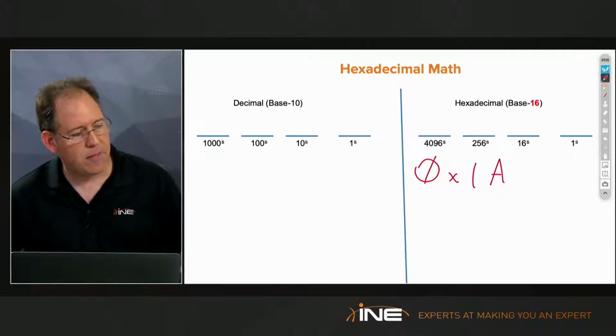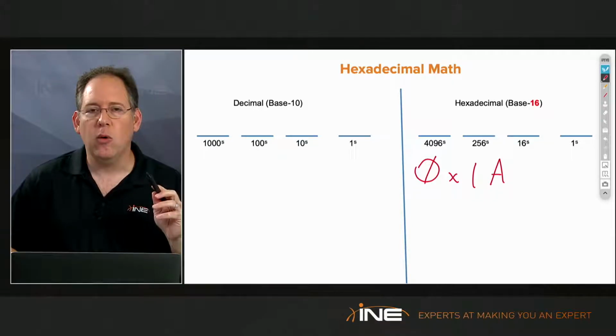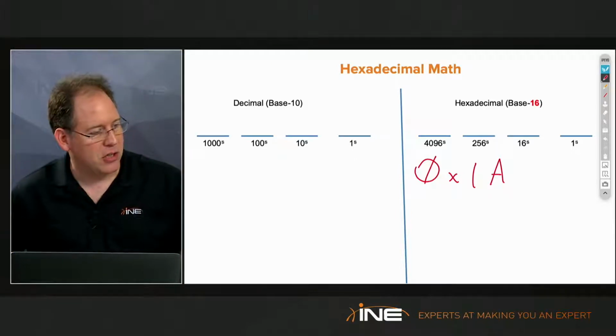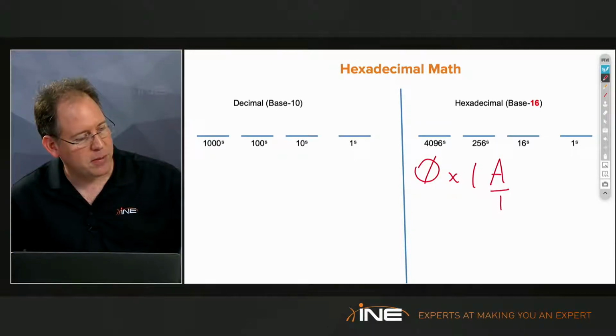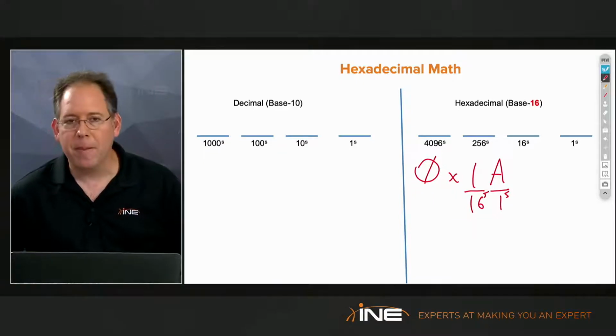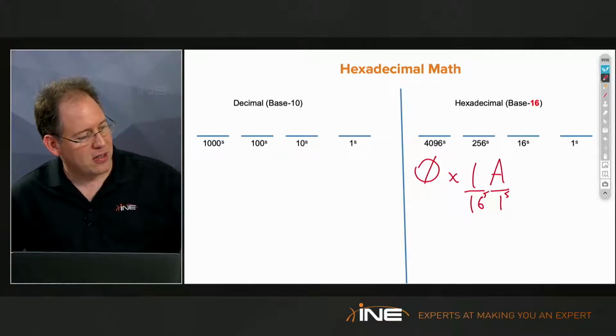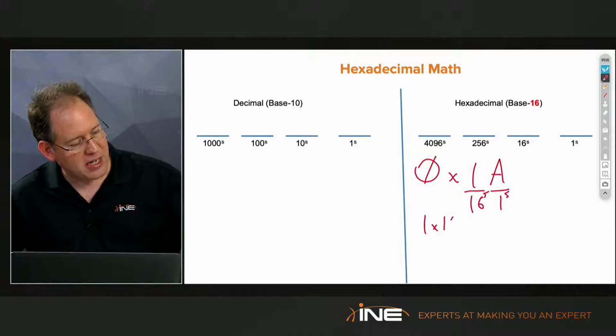0x1a. Now I've got two values, right? Two bit positions. We know the first one is the ones position. The next one is the 16s position. So the way you translate this is 1 times 16. I've got a single 16 plus A, which is 10.